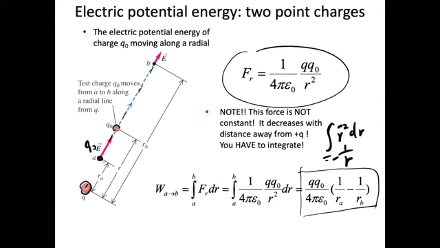So we can call the first term, which is K Q Q0 over r_A, the electric potential energy of Q0 at A, and this is the electric potential energy for Q0 at position B.